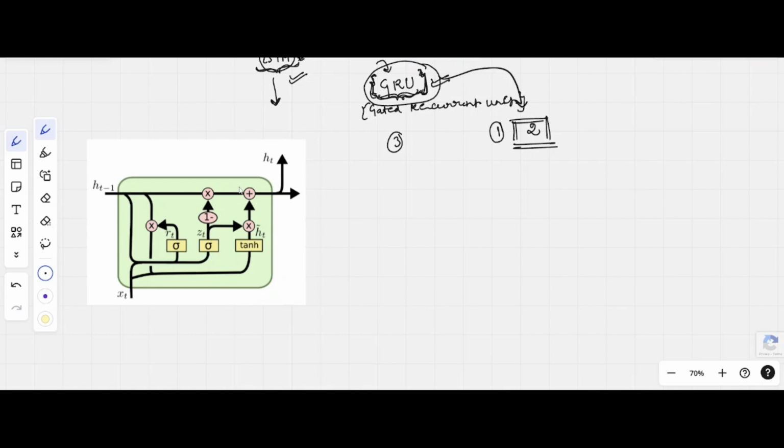Now, if we compare the performance of these two, we can't say that LSTM is better or GRU is better. That depends on the data that you have. You would have to experiment. There is no certain rule that GRUs are better than LSTMs or LSTMs are better than GRUs. You need to apply GRUs and LSTMs on your data and then decide which one is giving better results.